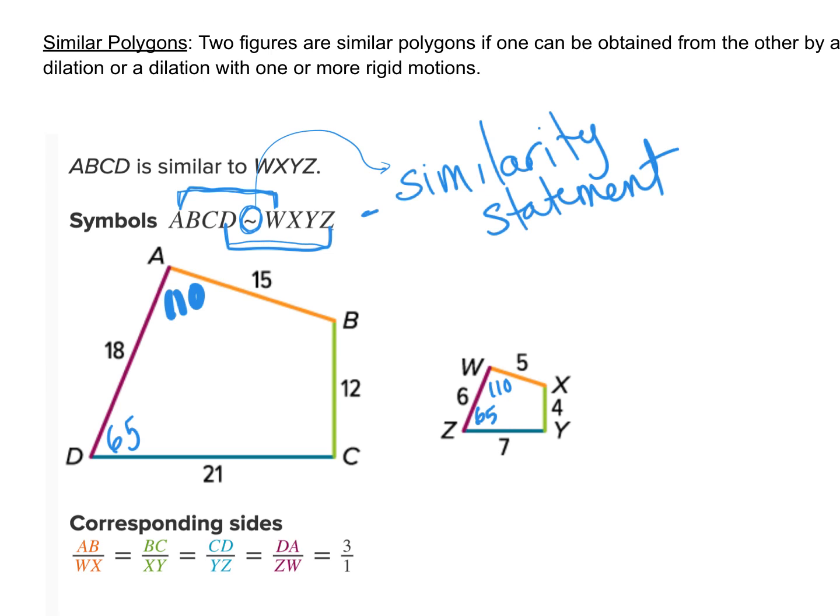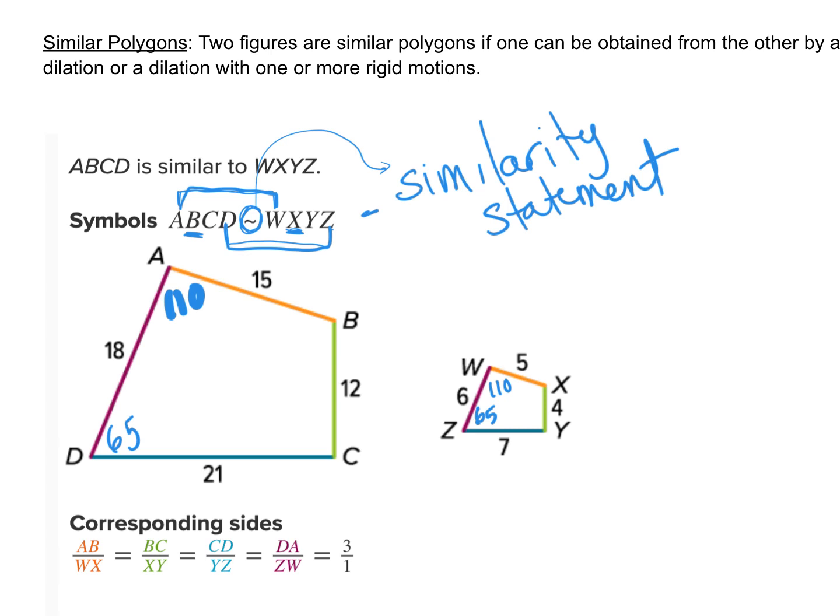Again, we have the similarity symbol, and both D and Z are listed last. So those two angles are congruent. So the order of the letters tells me which angles are congruent to which. Okay, so if you notice, angle B is the second letter listed, and in my other figure, X is the second letter listed.